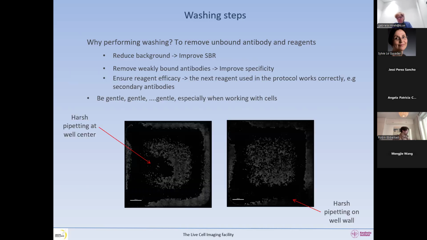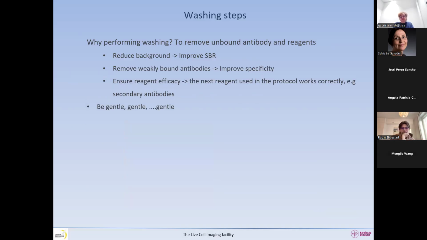And here is an example. Harsh pipetting between washes actually removed quite a lot of cells from the center of the well of the multi-well plate. So please be gentle when you are washing.